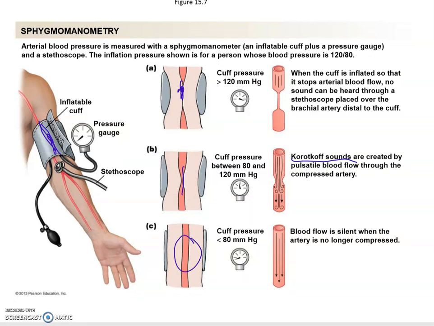And so you will equate the first sound of Korotkoff and the pressure at which it was measured, that's your systolic reading. And then once these sounds stop, that will be your diastolic reading. And again, a normal reading of blood pressure would be 120/80, with 120 being on the systolic side and 80 on the diastolic side.